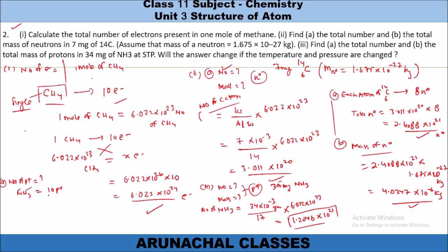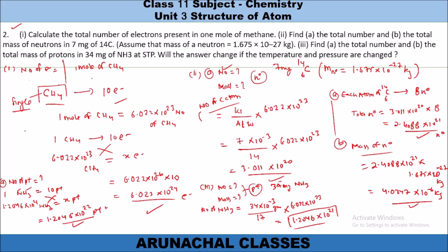So in one ammonia molecule, 10 protons are there. We have 1.2046 into 10 power 21 ammonia molecules, which will be having x protons. Cross multiplying, it will be 1.2046 into 10 power 22 protons present in this case.